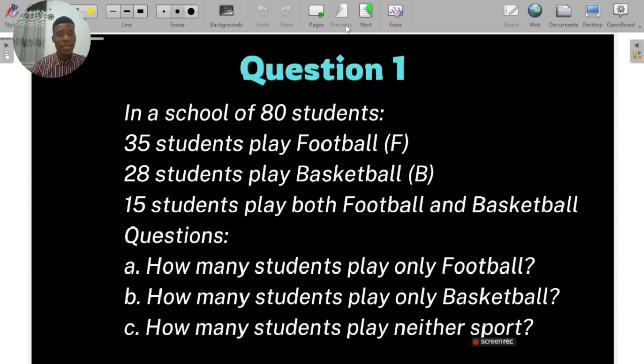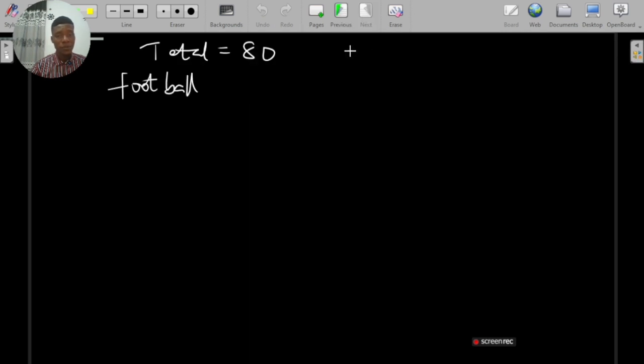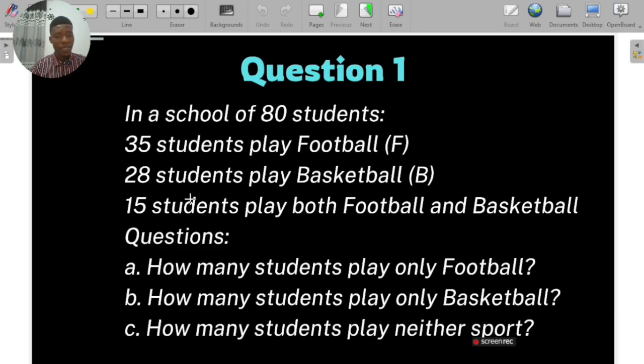In a situation like this, let's look at the number of sets we are considering. Football and basketball. Total is 80. From the question, total is 80. 35 play football. Those that play basketball are 28.